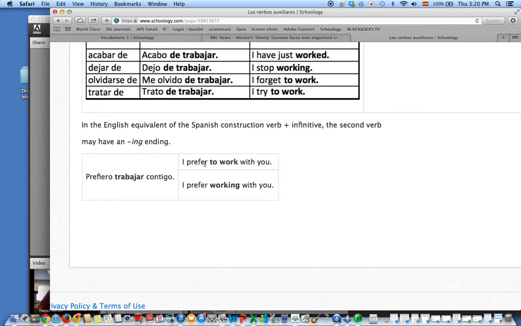Remember, it's very rarely that ing ending, but sometimes it is. If we have estudiando, you know that's actually the ing meaning. So if I want to say I am studying, it would be estoy estudiando. Okay, so that ando is going to be the ing.